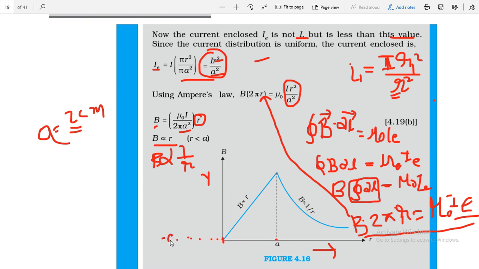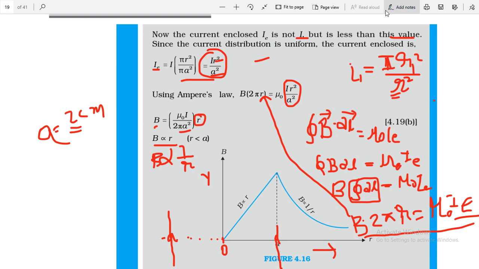You know that if the radius of the wire is a, the diameter will be 2a. So the whole conductor looks like this, and this is the center of the conductor.